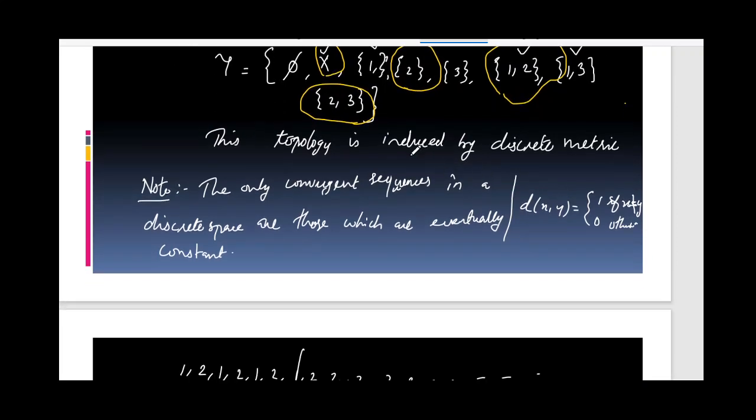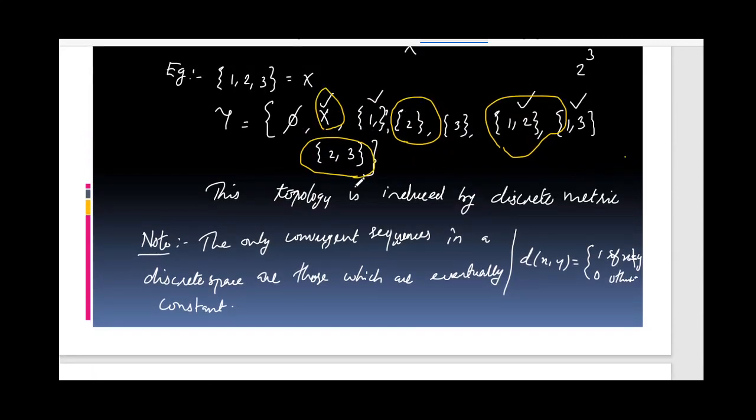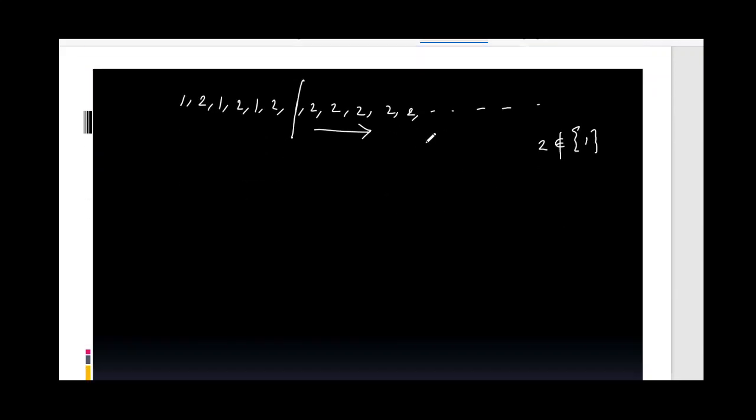Now you check whether after a particular stage these open sets contain all the terms of the sequence. It's true, right? Because everything contains 2. So this sequence converges to 2. Thus, in a discrete topology, the convergent sequences are eventually constant sequences.